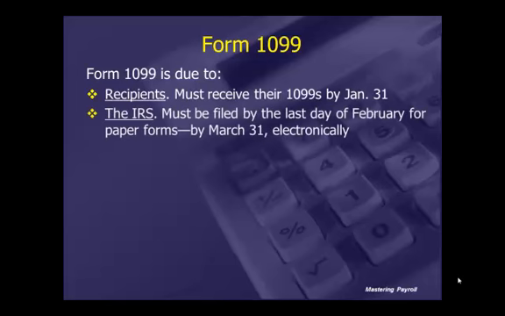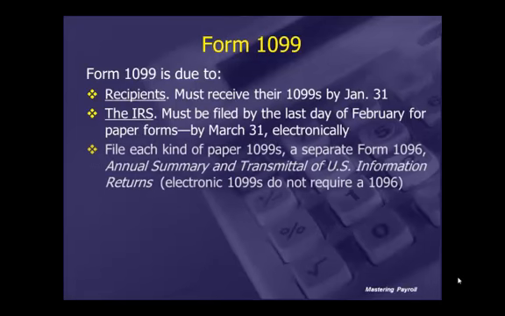The IRS copy must be filed by the last day of February for paper returns, by March 31st electronically, and you file each kind of paper 1099 with a separate Form 1096. It's a transmittal, called an annual summary and transmittal of U.S. information returns. Electronic 1099s do not require a 1096.